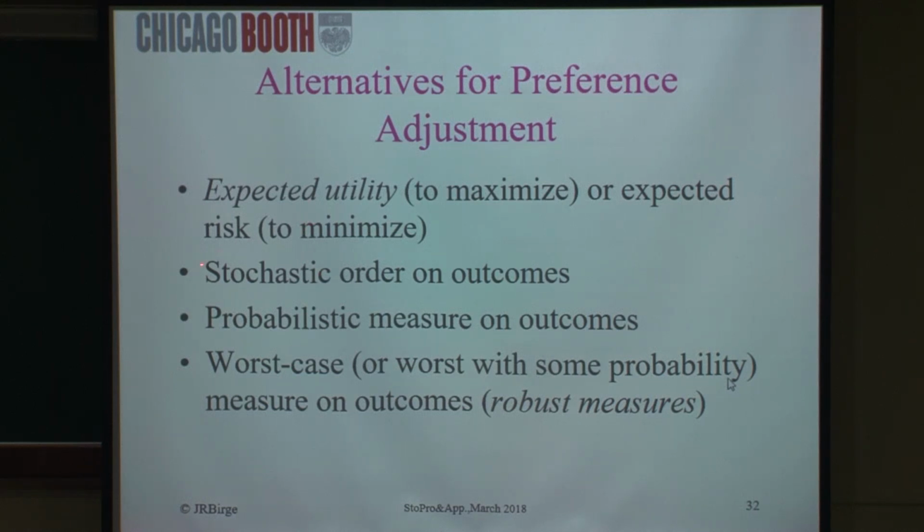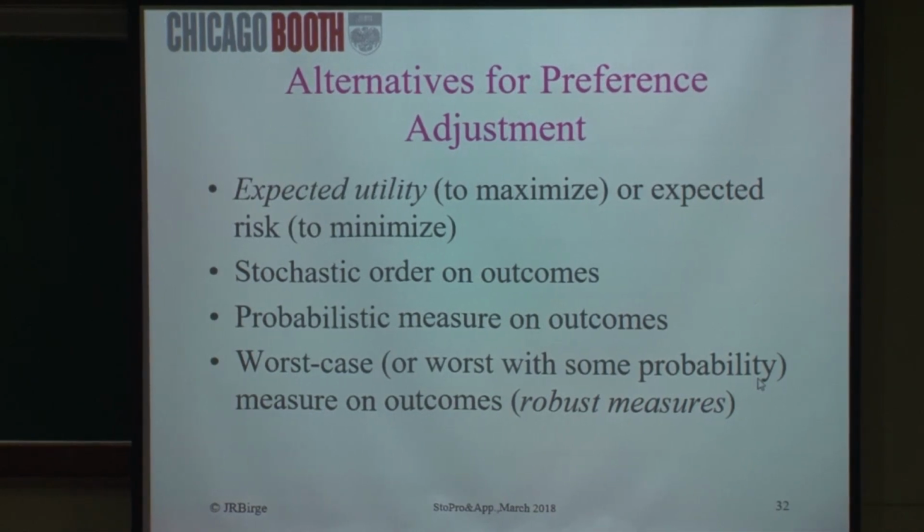Or you try to make your preference depend somehow probabilistically on the outcome. So make sure that I do the best stochastically relative to some other outcome. I'll consider relative to a benchmark and try to be stochastically better than the benchmark. Or to be better than the benchmark with a certain probability. Or, again, worst case, like in robust.